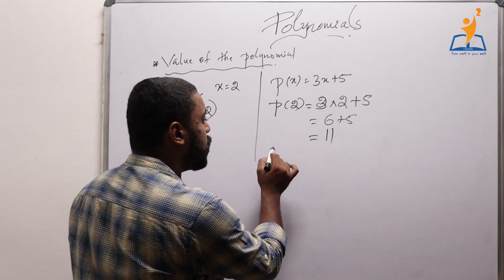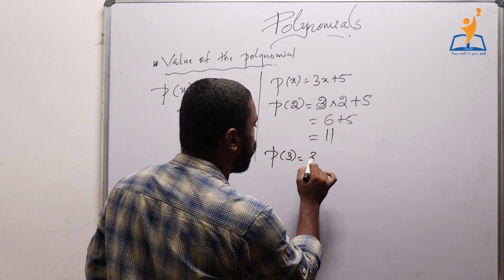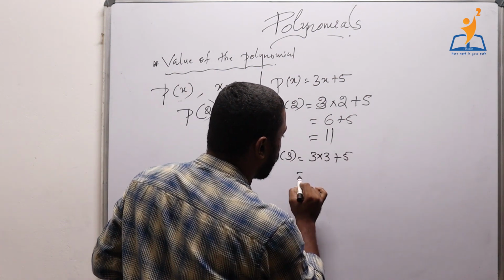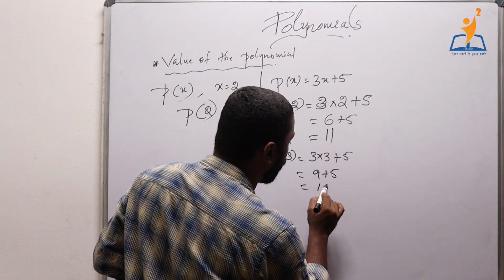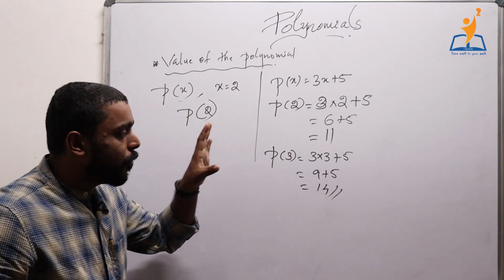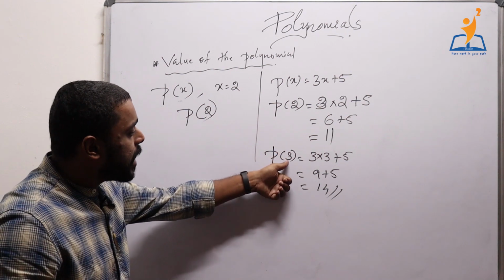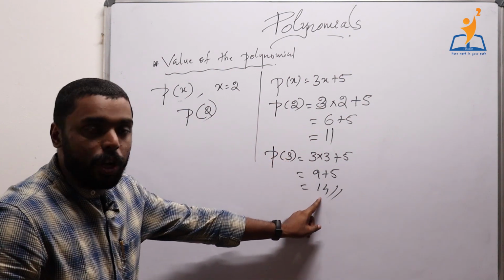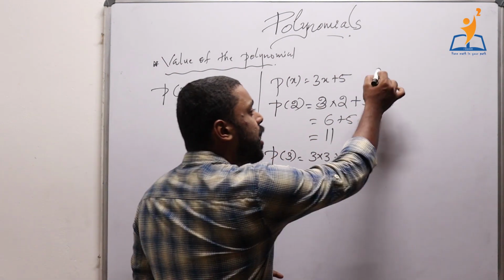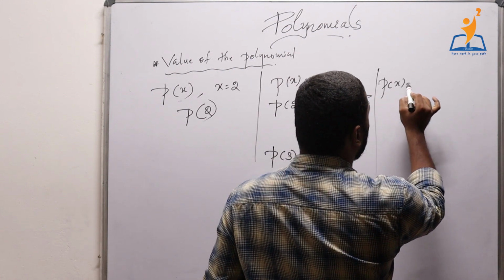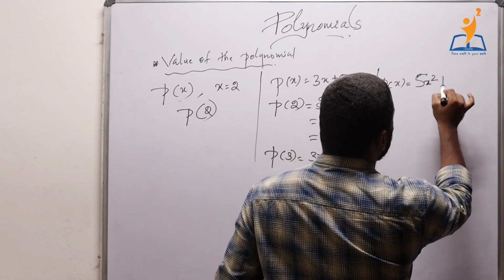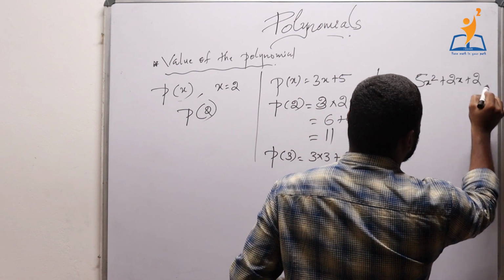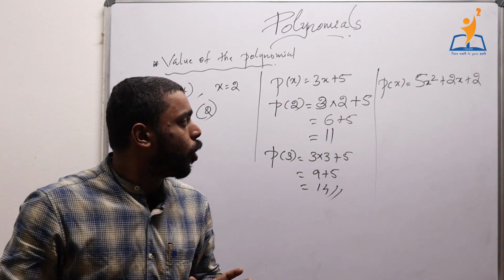Clear? Or we can find p of 3. P of 3 equal to 3 into 3 plus 5 equal to 9 plus 5 equal to 14. Hence we can say that the value of the polynomial at x equal to 3 is equal to 14. Similarly, if p of x is equal to 5x square plus 2x plus 2, we can also find the value of the polynomial here.